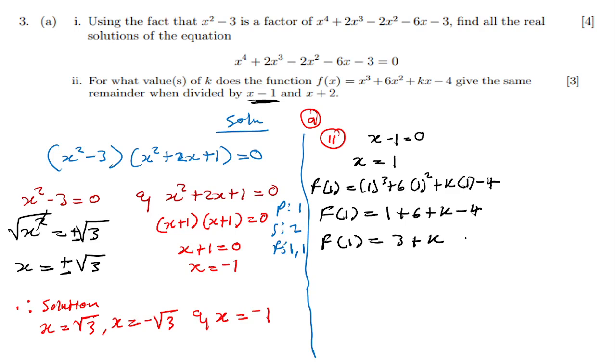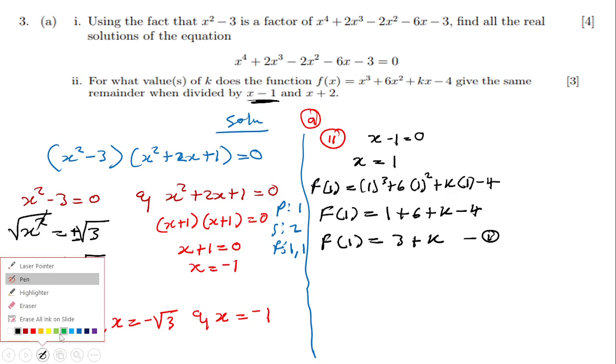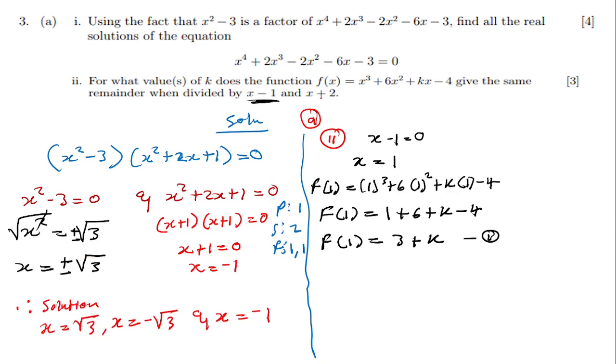Then you find the second expression. You're going to use the x plus 2. So x plus 2 is simply equal to 0, since x plus 2 is also going into that guy. This one will give you x is equal to negative 2.